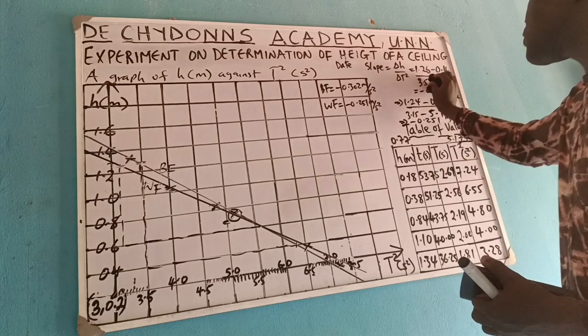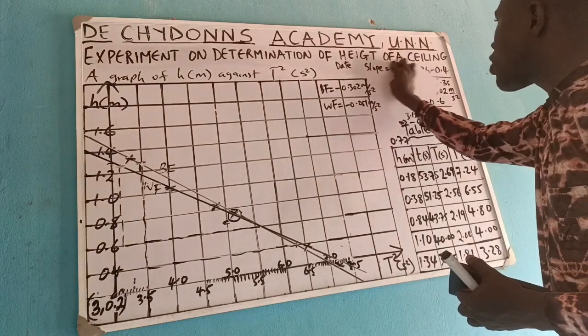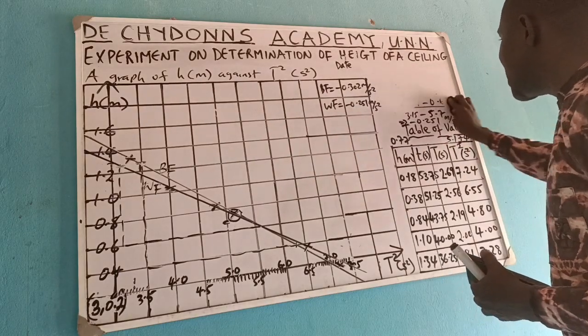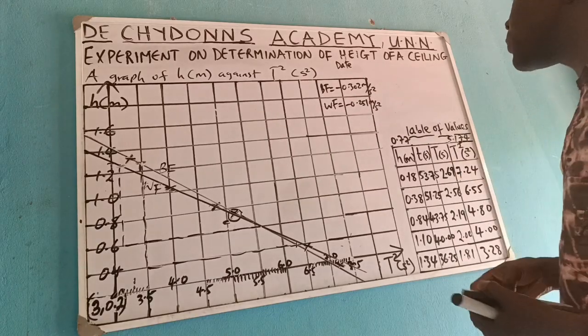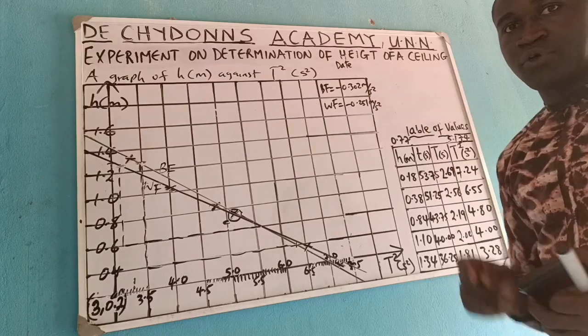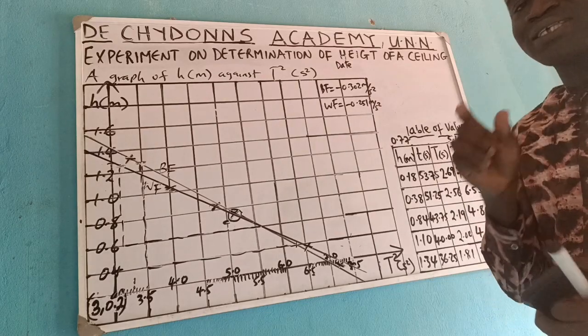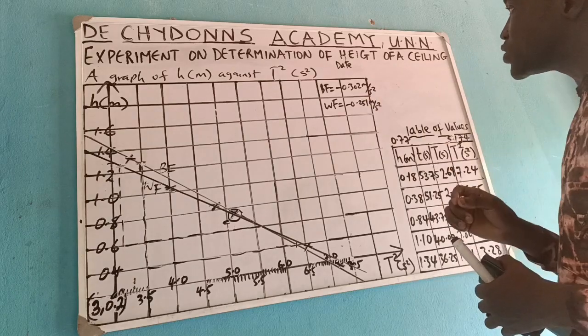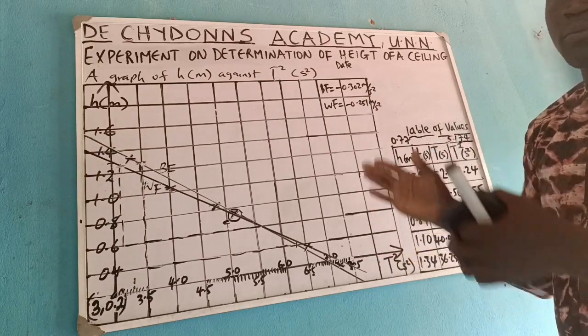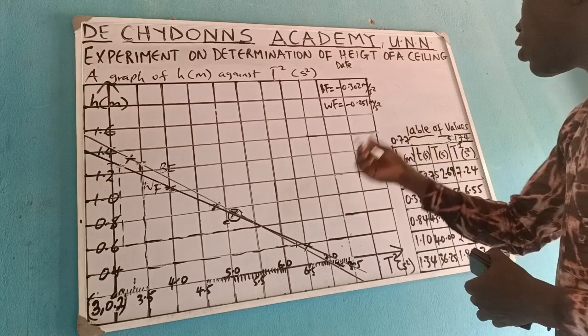Then how do we get our error in slope? There is need for you to get your error in slope. The reason is that it's possible the slope you have is not in their marking script. But when you are able to get your error in slope, it will put you on a safer side. Okay.